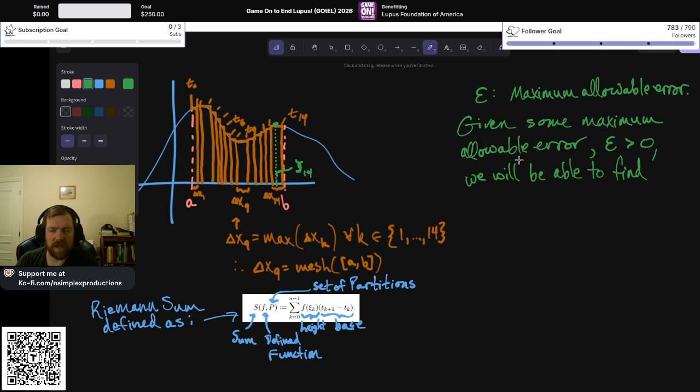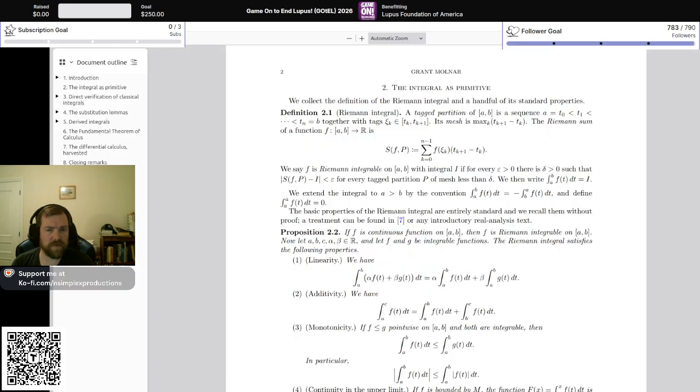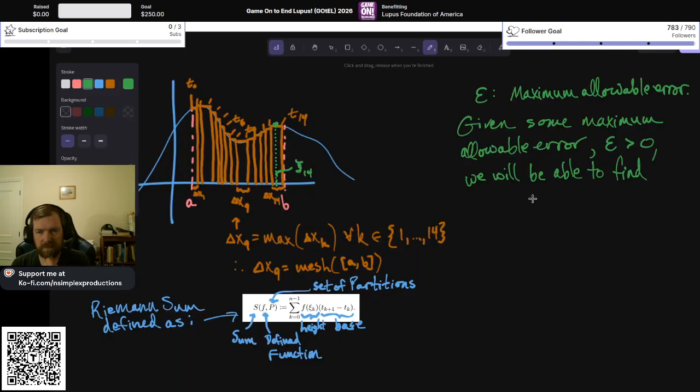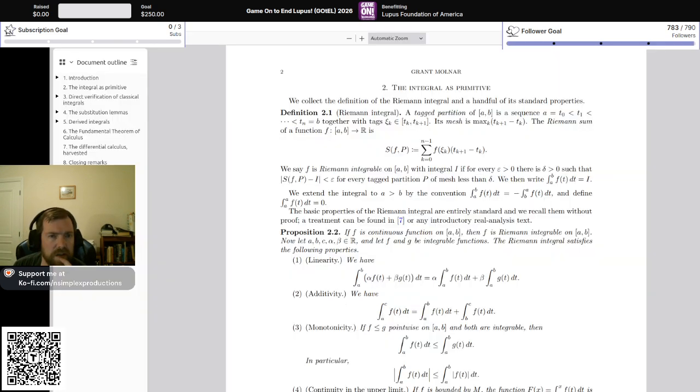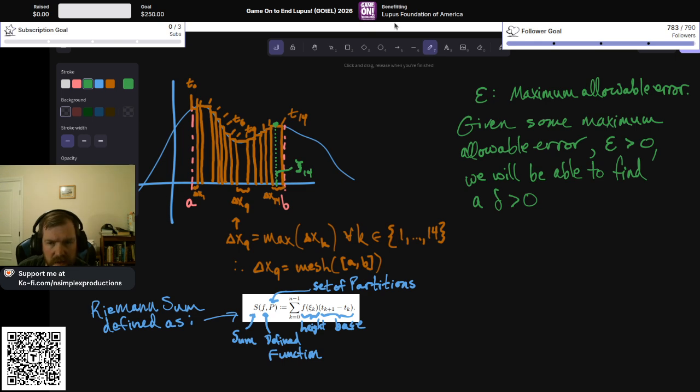Right, so given maximum allowable error epsilon, which is greater than 0, we will be able to find some sort of delta.